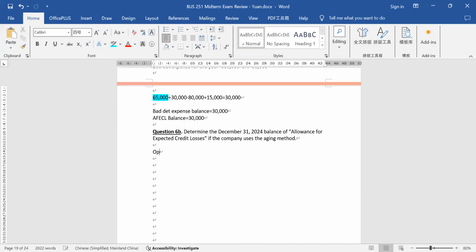So opening AR, credit sales, minus cash collection, and then subtract, you add back the coverage.